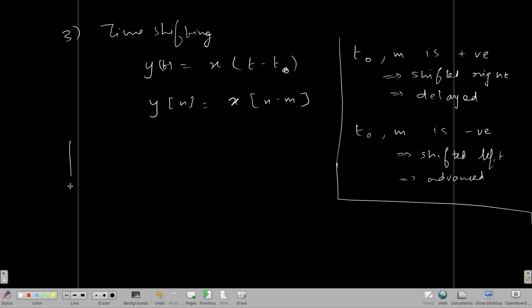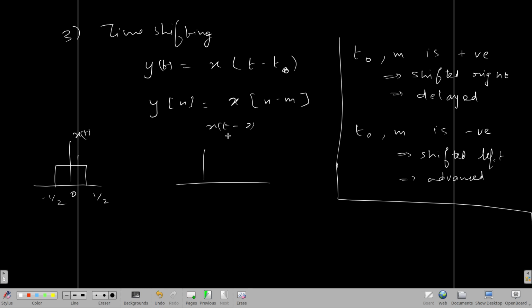Suppose we have the signal 0, minus 1 by 2, 1 by 2 and 1. Let this be x of t. So what is x of t minus 2? Let's do it the actual way.